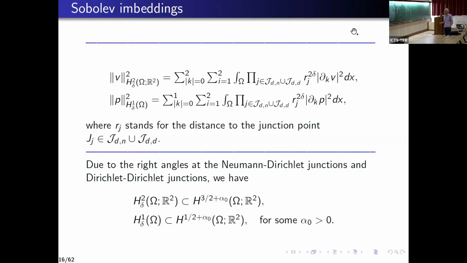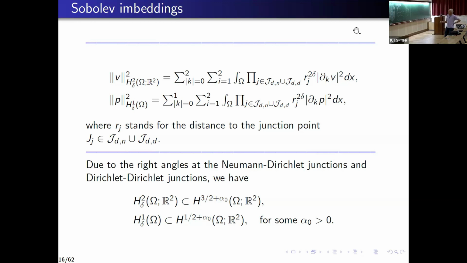It means that I have more or less H2, except that when I take the second derivative, because here the derivative varies from 0 to 2.